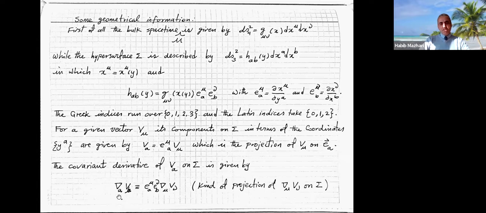And we also have in this relation, if you have the covariant derivative of a vector in the four-dimensional space-time, multiplied by the tangent vector, you get the covariant derivative of the projection of the same vector on the surface. So these are very basic formulas.